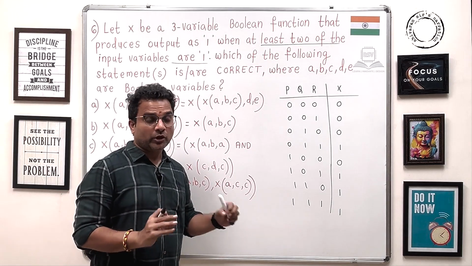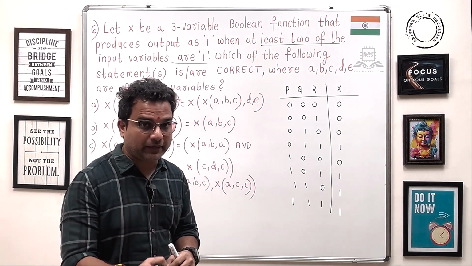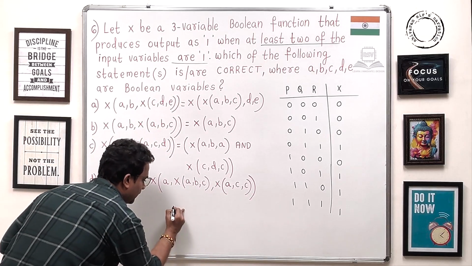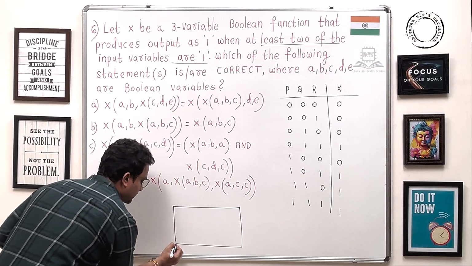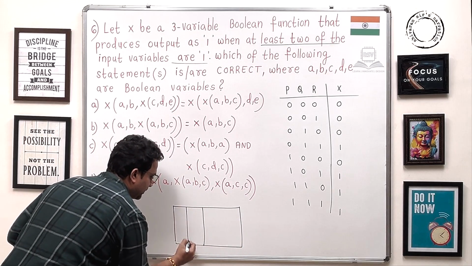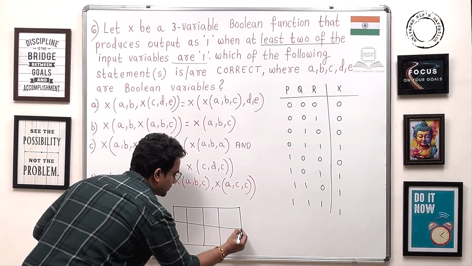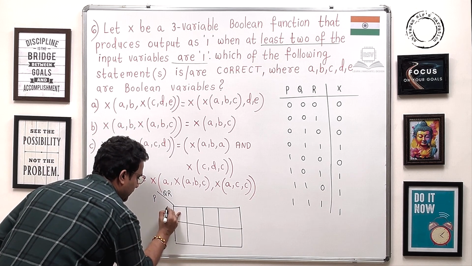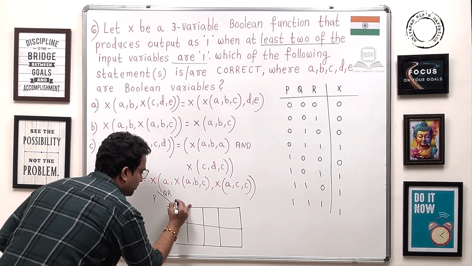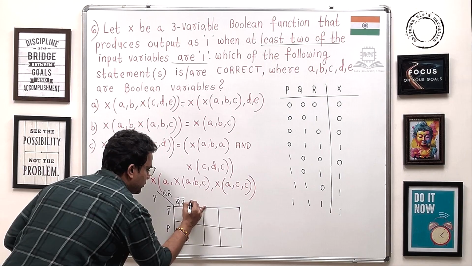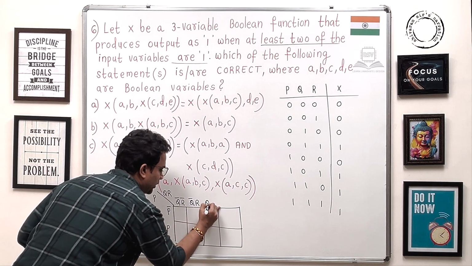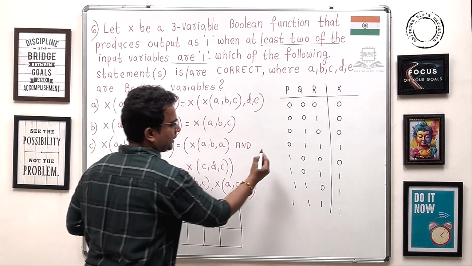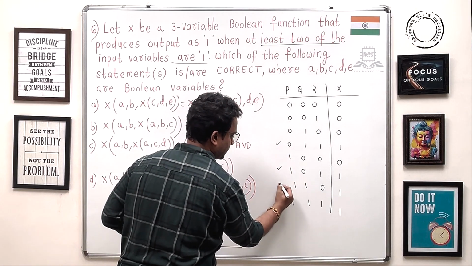Now, as per this, if you want the simplified, minimized expression, let's draw a 3-variable Karnaugh map. It is like this. P, Q, R. P bar, P, Q bar R bar, Q bar R, Q R, Q R bar. Now, as per this, here this case, this one, this one.